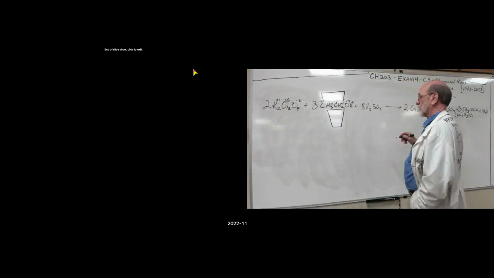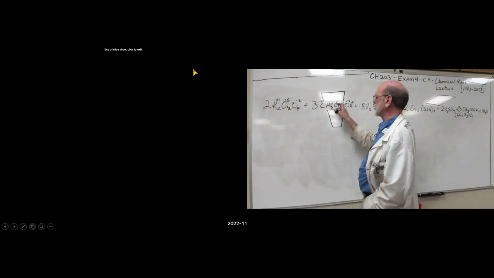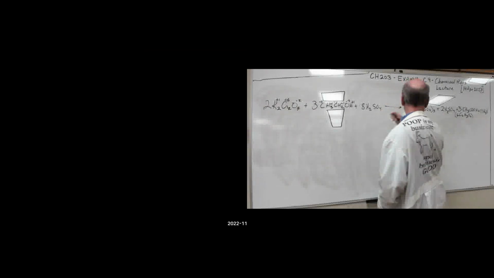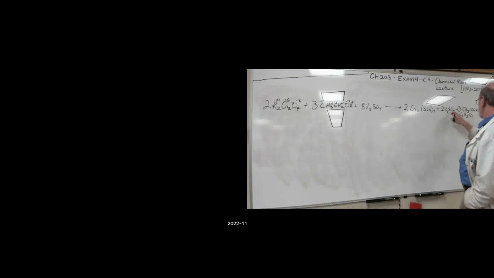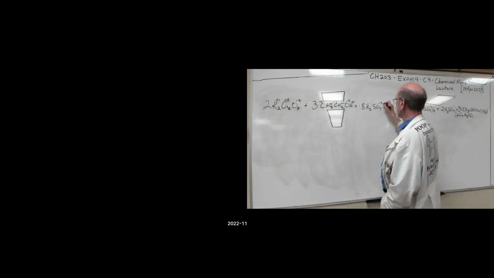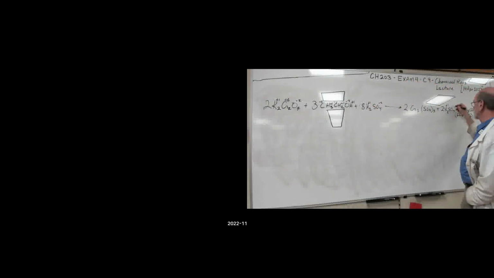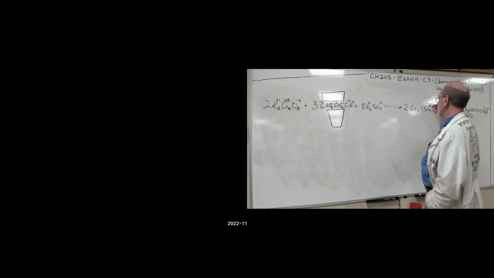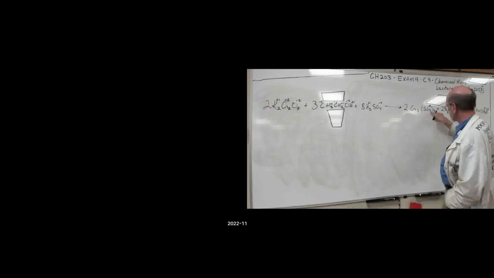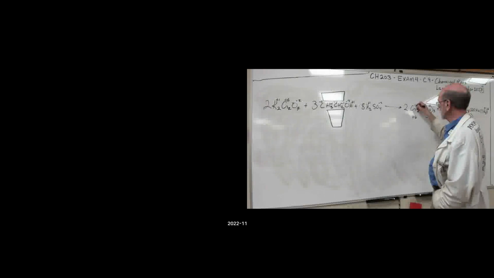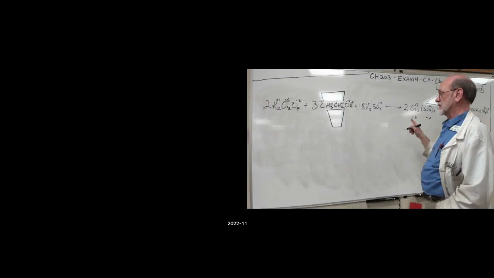It's a little more difficult to determine the oxidation states for these. Sulfate doesn't change, so it's a -2 total, and this is a +1. Water is +1 and -2, and sulfate is -2. This chromium, since this is a -2 and we have 3 of them, that's a -6, right? So a +6 here means that this has to be a +3. So the chromium did change.